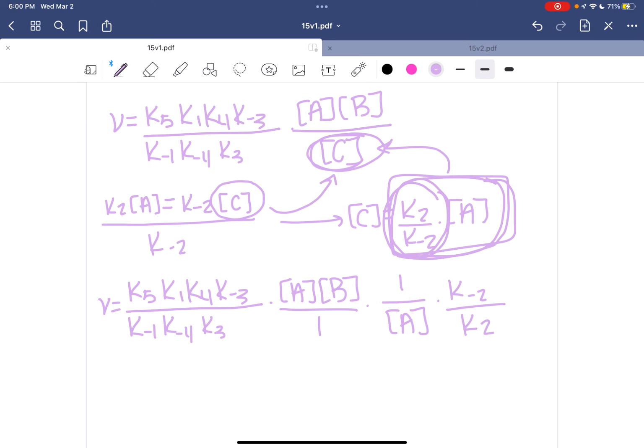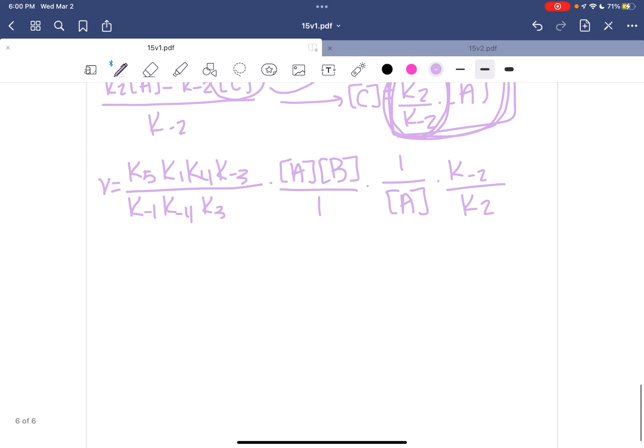So this is getting all very complicated, but we have finished now substituting in all of our equations for intermediates and products, and now we can just cancel similar things and we can combine all of our small rate constants into one larger rate constant. So we can notice that we have a concentration of A on the top of our fraction, concentration of A on the bottom of our fraction. So those are going to cancel out.